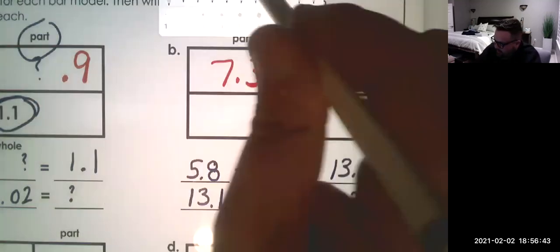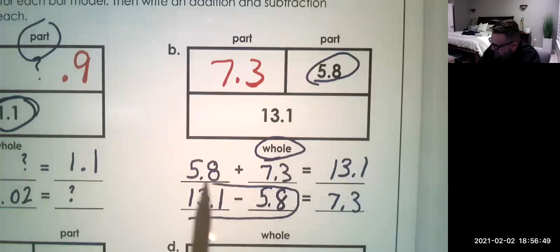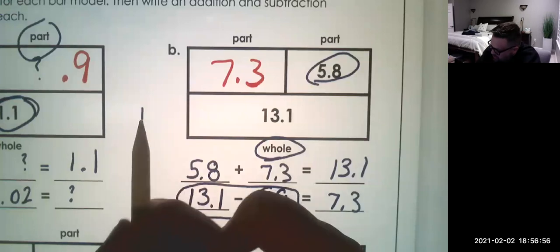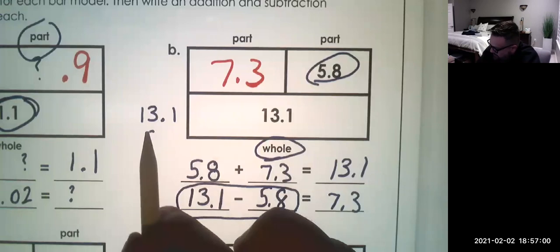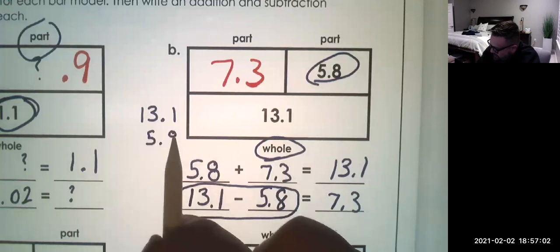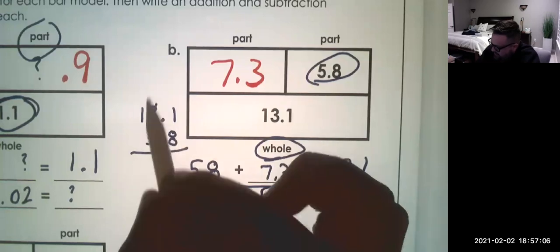Now, real quick before we move on, make sure you're lining these up right, because to me, this was the best way to get this because it's the most cut and dry, right? Even if you do the adding part, you still kind of have to subtract to find that. So make sure you're doing 13 decimal 1, 5 decimal 8, and then keeping that decimal lined up down to here.